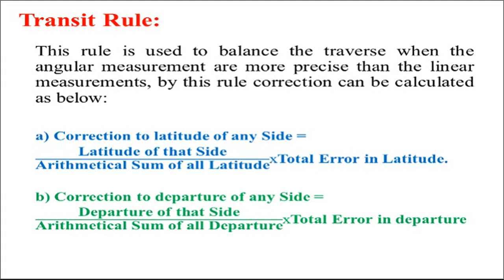First one, correction to latitude of any side is equal to the latitude of that side divided by the arithmetic sum of all latitudes, into the total error in latitude. Similarly, correction to departure of any side is equal to the departure of that side divided by the arithmetical sum of all departures, into the total error in departure.